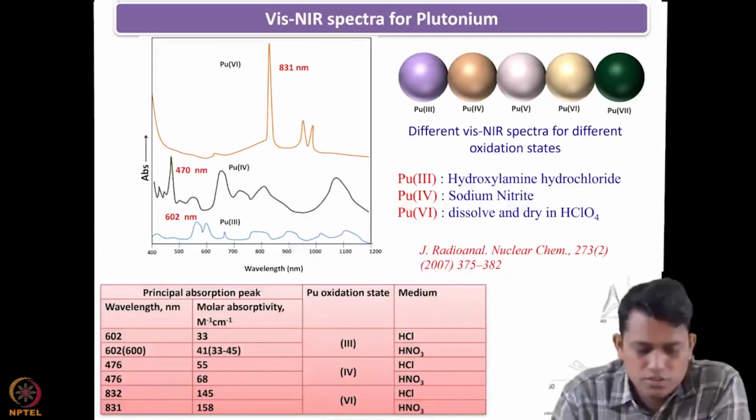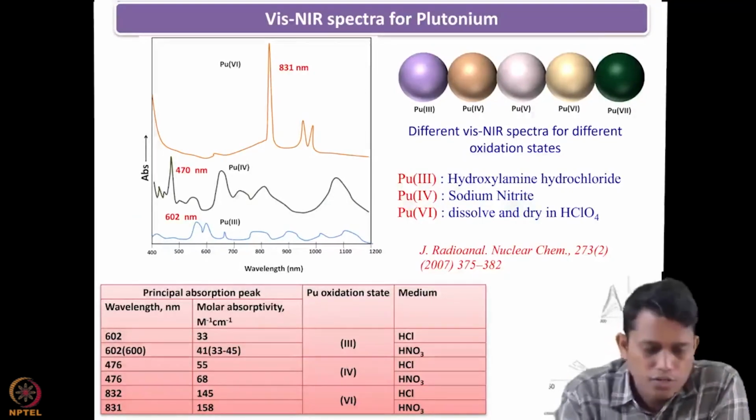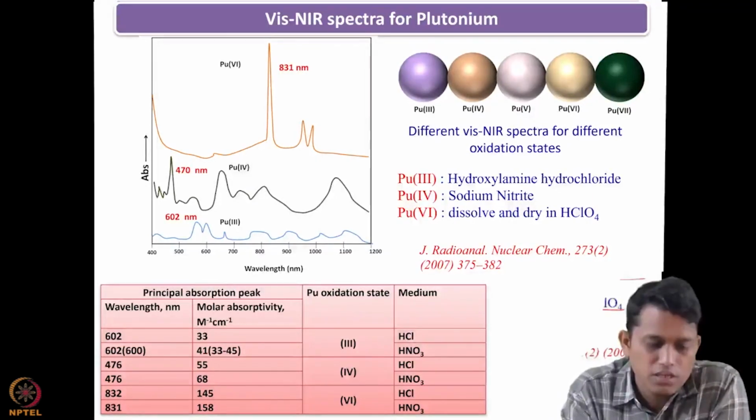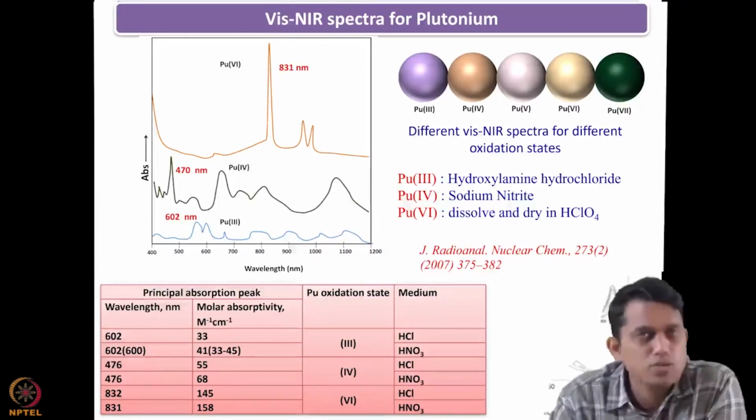The first thing I want you to notice is that if you start from plutonium 3 and go to plutonium 4, there are spectral changes that I have already shown here. Plutonium 4 has some spectral changes, and between plutonium 4 and plutonium 6 there are again some spectral changes. So if you have plutonium 3, you can easily identify it.